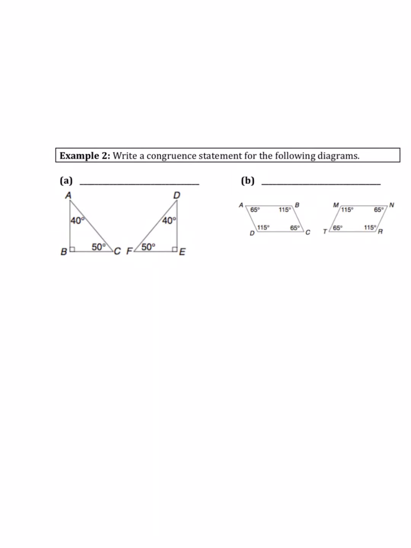So if I go from 40 to 90 to 50, so if I'm starting by listing those angles, I would write triangle ABC, and then the congruent symbol, congruent to triangle DEF. Because D was 40, also angle 1, E was 90, and F was 50, angle 3.